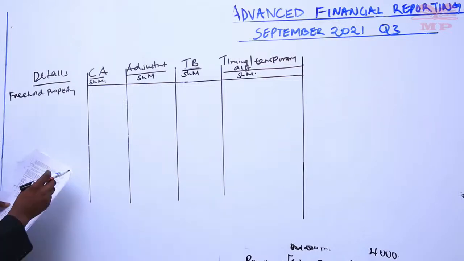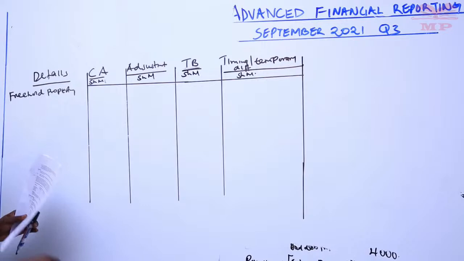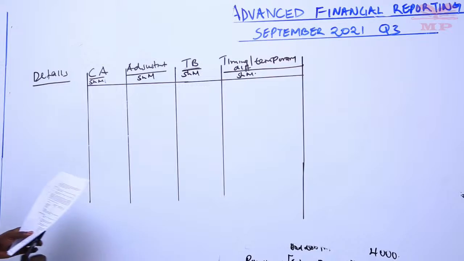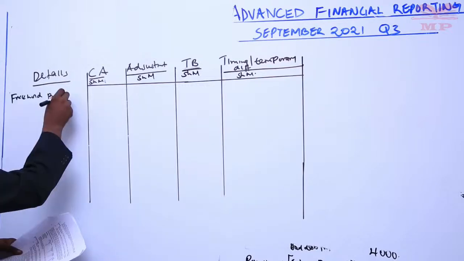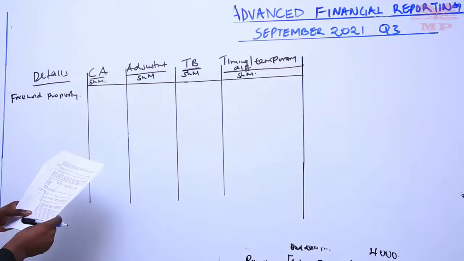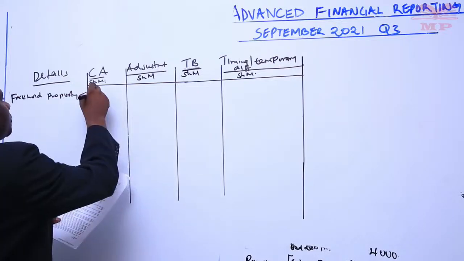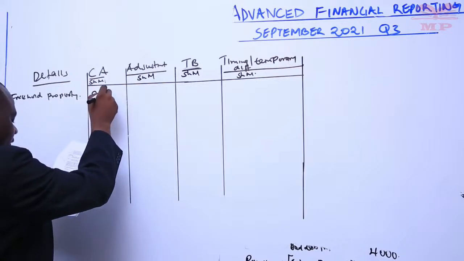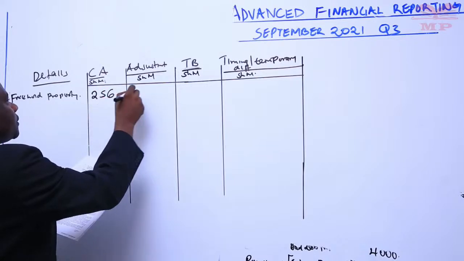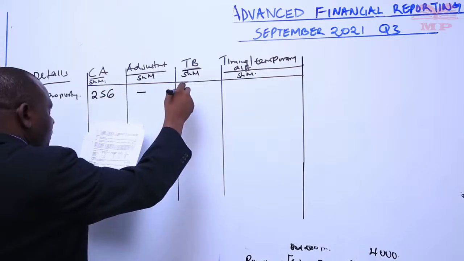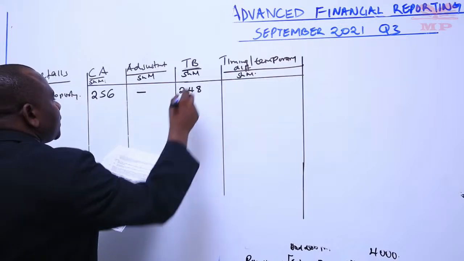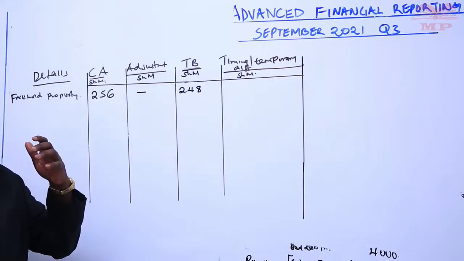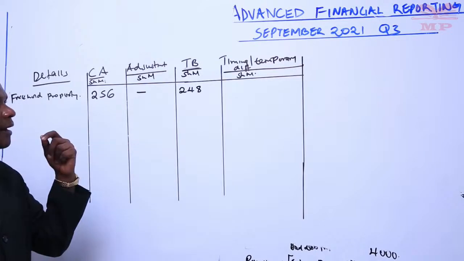This is direct because you're given the fair value, that is the market value, 256, no adjustment, 248. Adjustment here could include revaluation gain or loss, could also include unrealized profit.